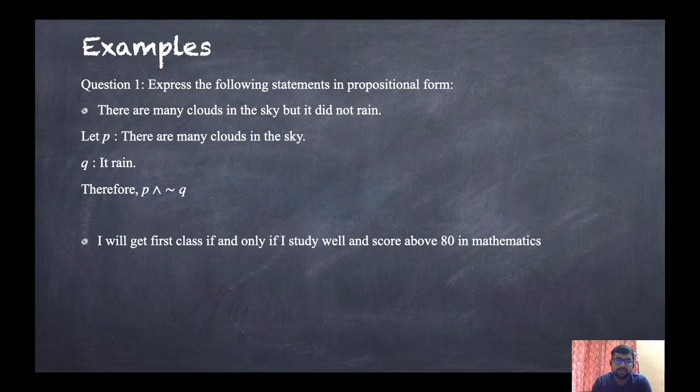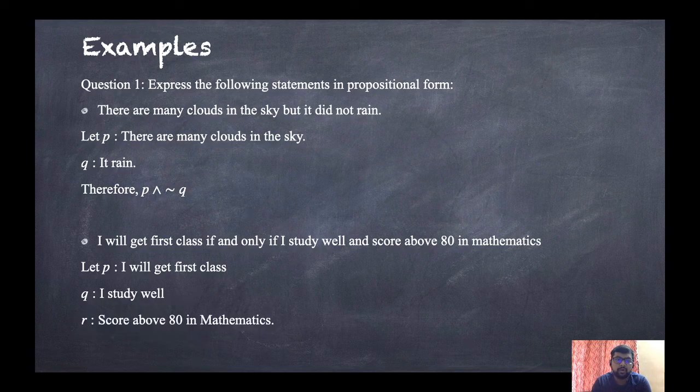Second one: I will get first class if and only if I study well and score above 80 in mathematics. How many partitions will there be? I think there will be three. Let P be I will get first class, then the logical connective if and only if. Q, I study well. And third, R, score above 80 in mathematics. So we have P, Q, and R. What will be the propositional form?